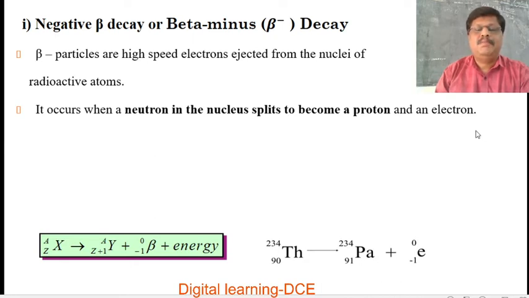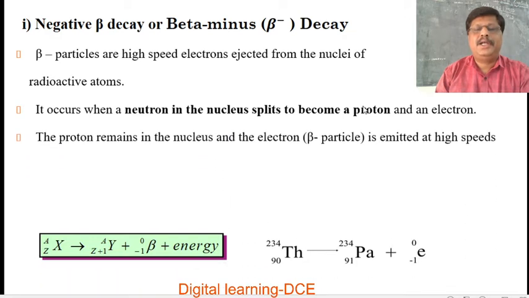That means beta decay is produced due to the conversion of the neutron into a proton and an electron inside the nucleus. It is this electron that is emitted as a beta particle from the radioactive nucleus.